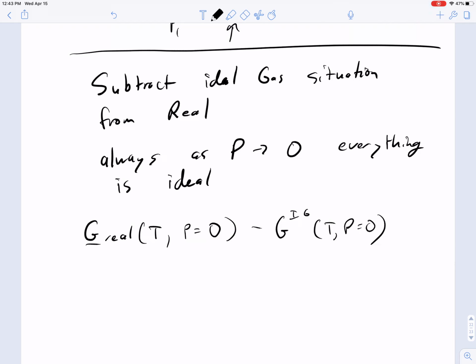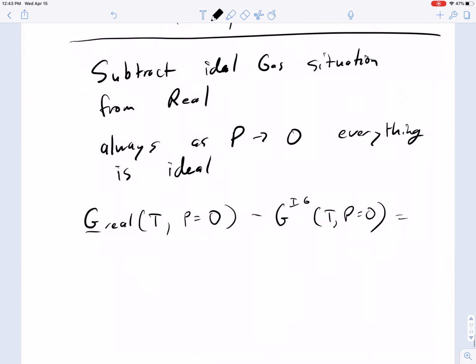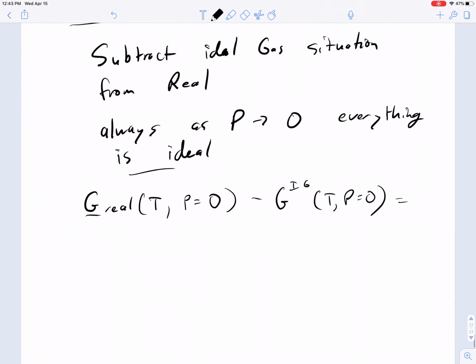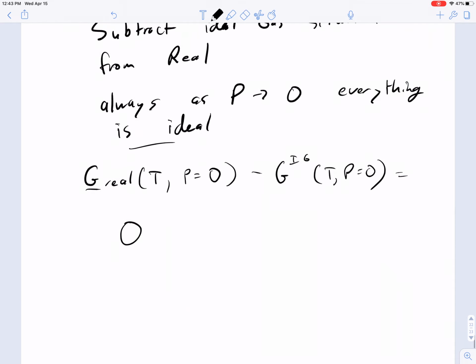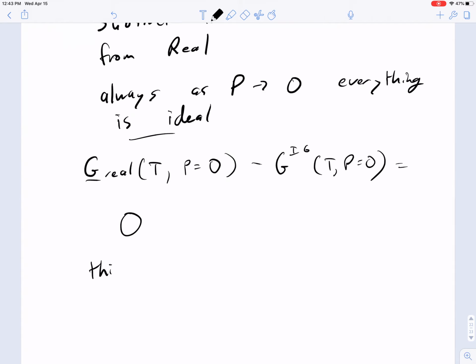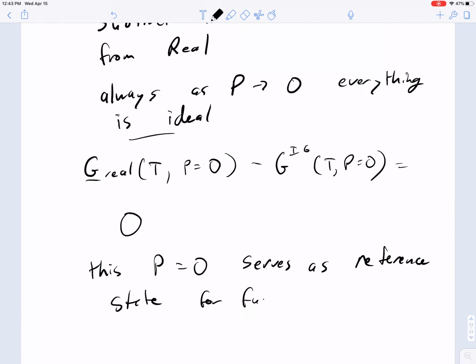Of course, because the real material becomes ideal at 0, this is equal to 0. This P equals 0 serves as the reference state for future calculations.